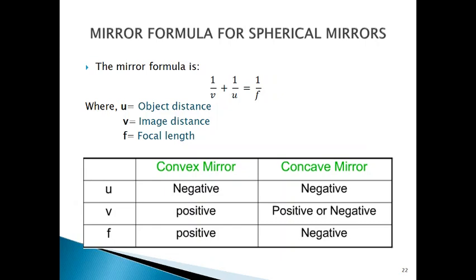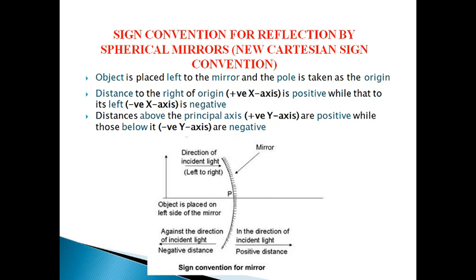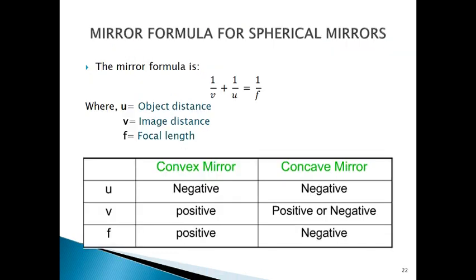And remember, you must use the new Cartesian sign convention which you have studied in this slide, while substituting the numerical values for u, v, f and R in the mirror formula for solving problems or numericals. Okay, and look at this table. This is the summary of what I have told you.